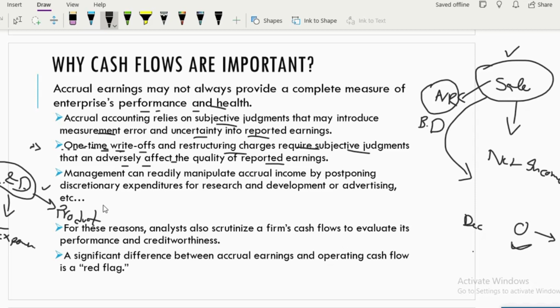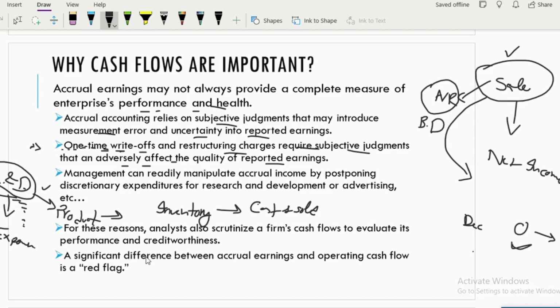So they postpone the recording of these expenditures. Why? Because this product cost will go to the inventory account, and inventory becomes an expense only when it is sold, and then you have cost of goods sold, right? So they delay it by wrongly classifying it. In that case, if these research and development expenditures have taken a lot of money, the cash flow statement will be in a better position to tell you the true picture.